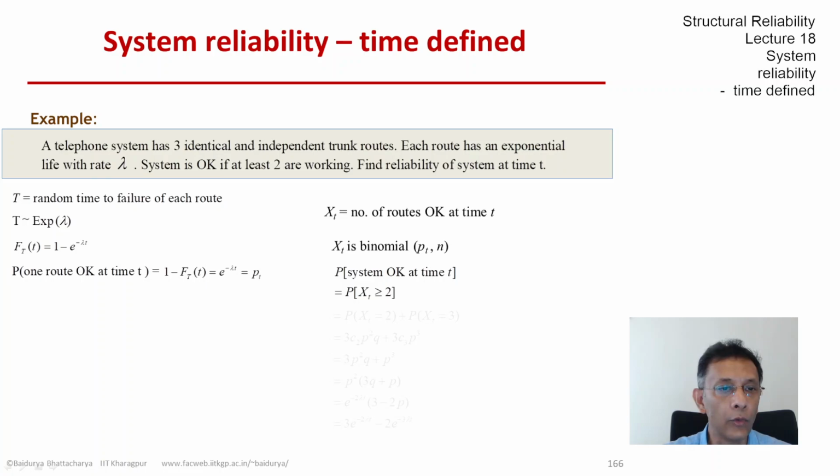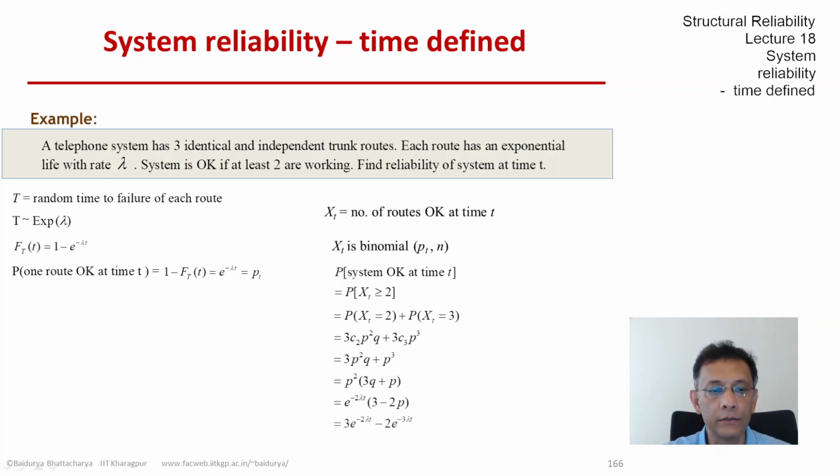With 3 elements, this is X_t equals 2 or X_t equals 3, so we can add the two probabilities, and if we do the algebra, it comes to 3 p squared q plus p cubed, where q is 1 minus p, and the final solution is given as a difference of two exponentials.